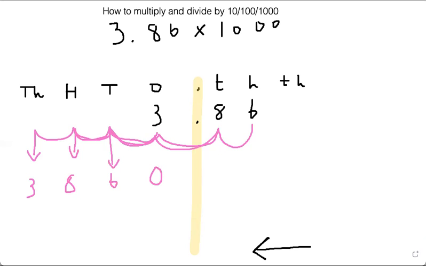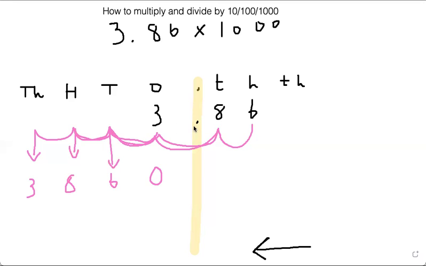If, for example, you had a 6 here and the 8 here, then you had nothing in the tenths column, you could then fill it in with zeros, as you can't leave these spaces empty. As we did with 3,860, the ones place was empty, so I just filled it with a 0 to complete the answer.